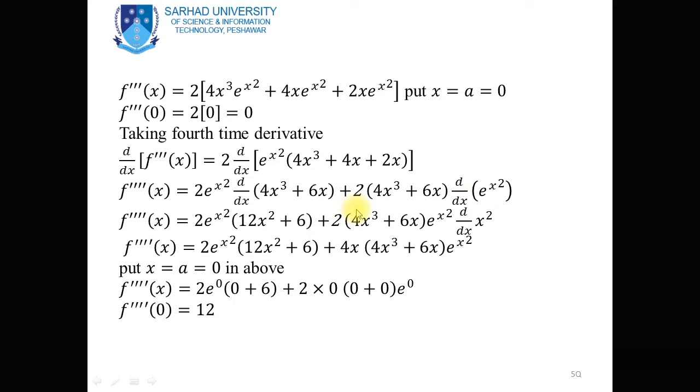Now 2 multiplied by this 2 is equal to 4, and x is as it is, and 4x cubed plus 6x into e power x square is as it is.